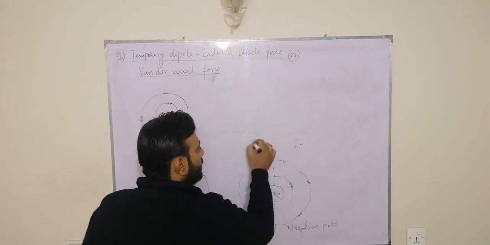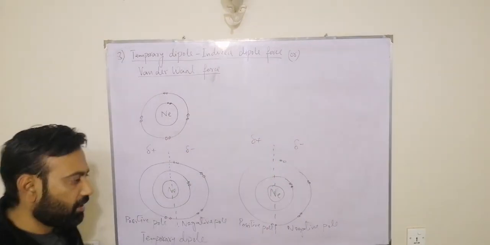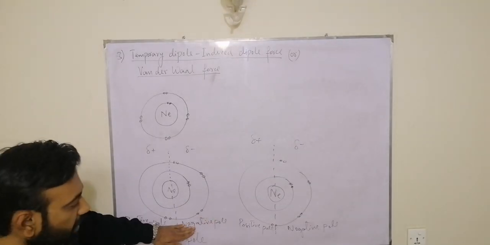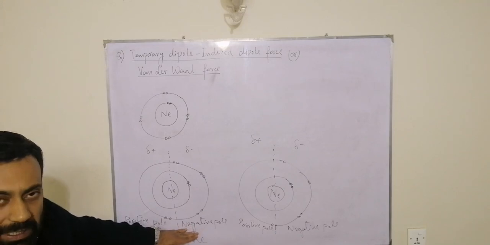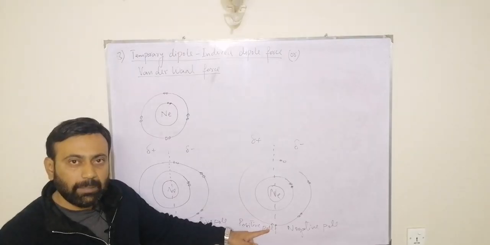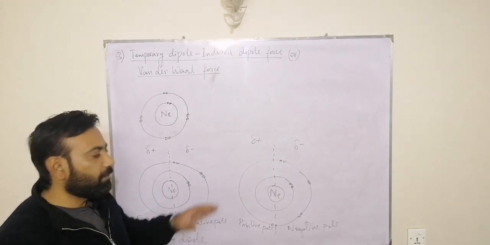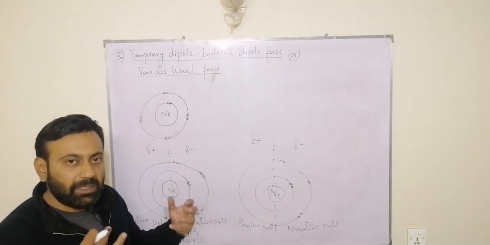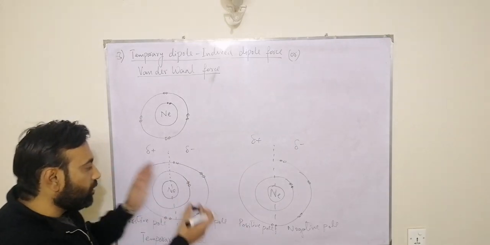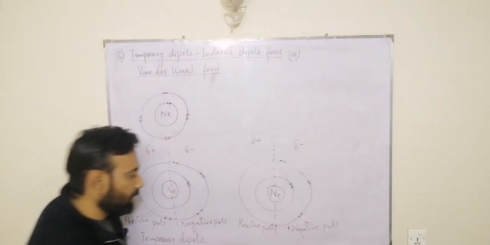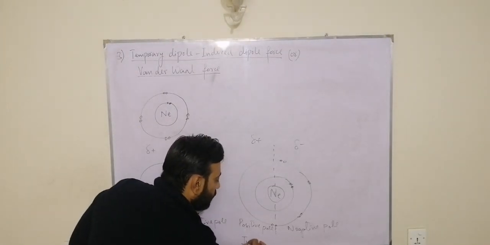This has a partial negative charge, this has a partial positive charge. This dipole was a temporary dipole. Now this dipole is an induced dipole because it was not there in the first place. It has been induced in this atom because of this dipole. So this becomes an induced dipole.